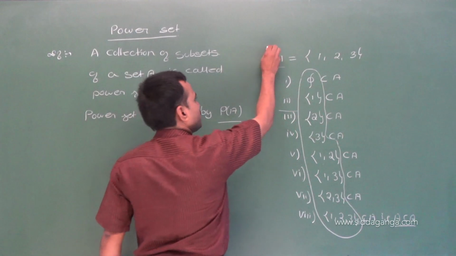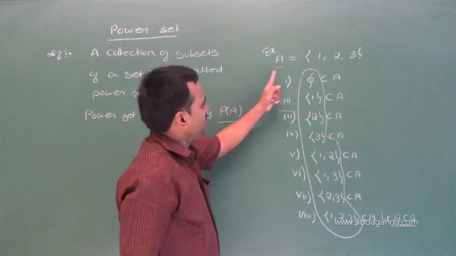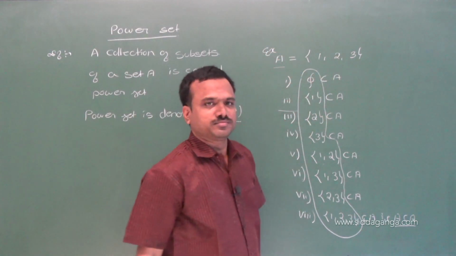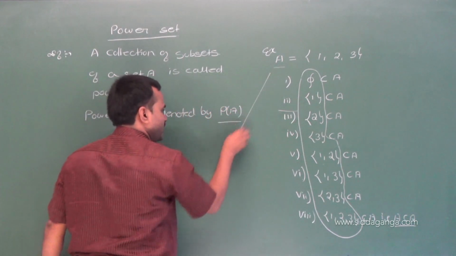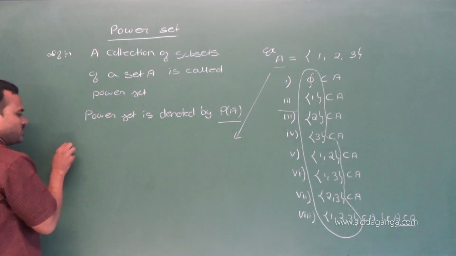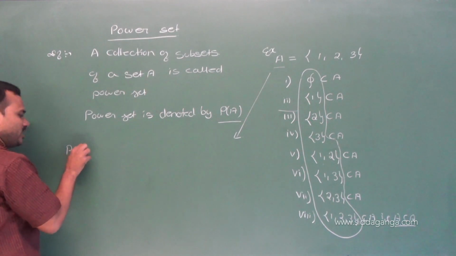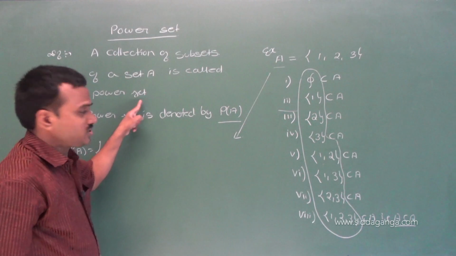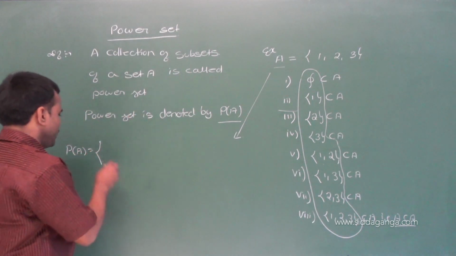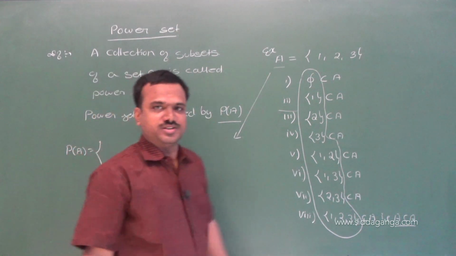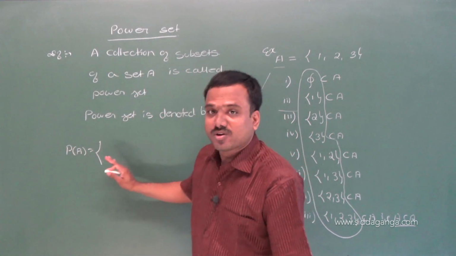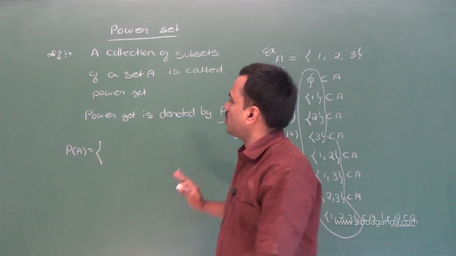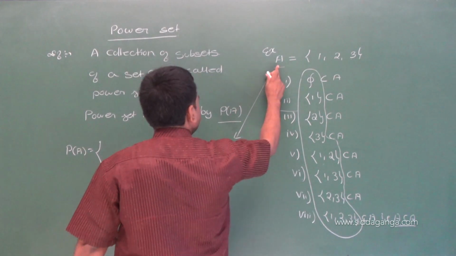For example, A = {1, 2, 3}. Then we write the power set P(A). It is also a set. So we write all the elements within a pair of curly brackets. P(A) is equal to what?